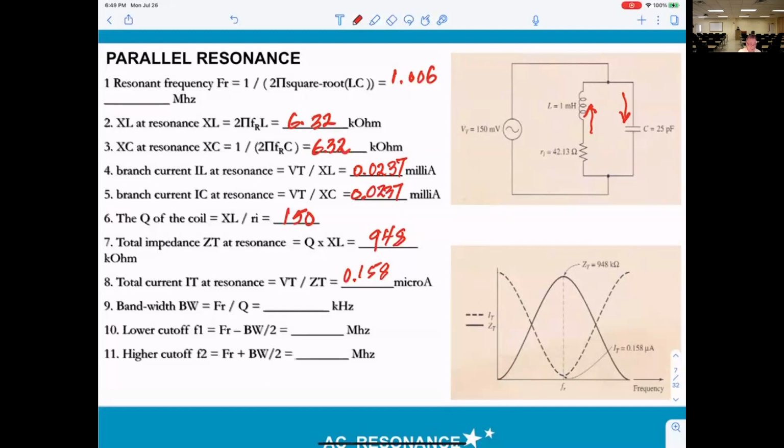And number 9, your bandwidth. Take the resonant frequency divided by Q. So that's going to be 1 megahertz divided by 150.